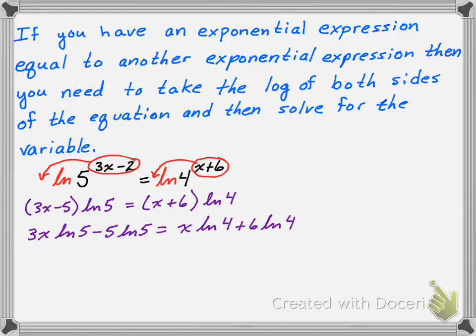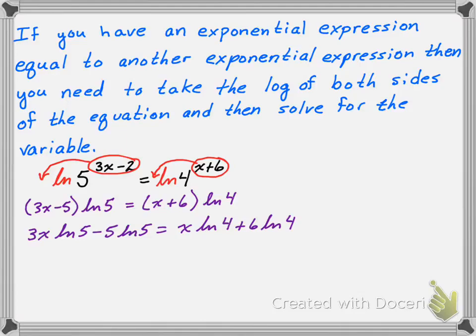Now in solving equations, when you have x's on both sides of your equation, your next step is to bring your x's over to the same side. Everything that does not have an x goes to the other side. All right, so that's what we're going to do with this problem.